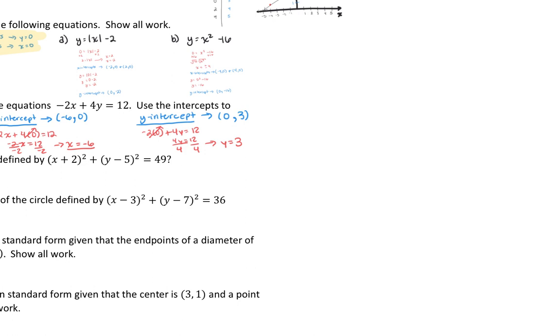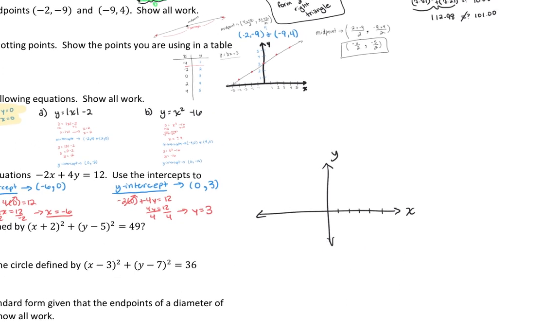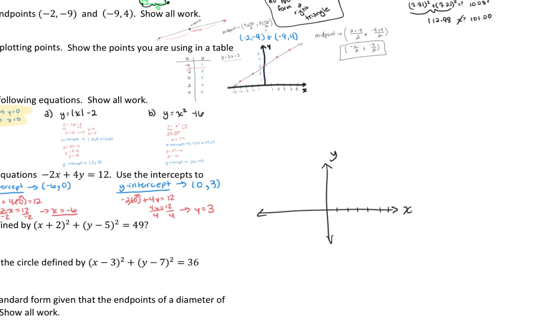So if we have a graph something like this, y going up, x going that way. Our points are, and I'll go ahead and plot some little lines, 1, 2, 3, 4, 5, 6, and 1, 2, 3, 4, 5, 6.